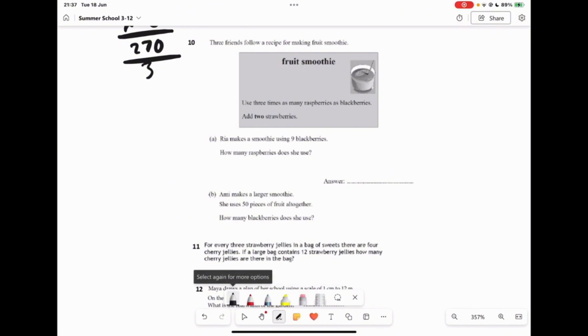How many raspberries does she use? We know that it's 3 times as many raspberries as blackberries, so the scale of raspberries to blackberries will be 3 to 1. So 9 blackberries will be multiplied by 3, so it should be 27.